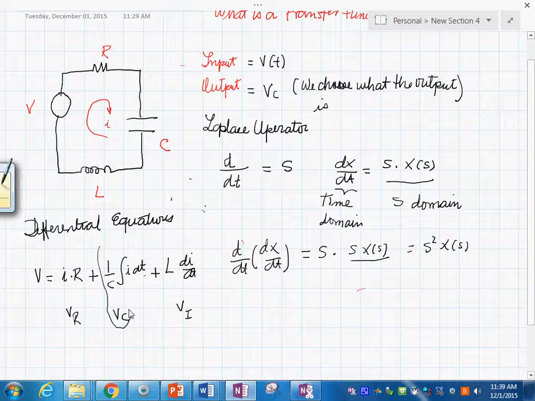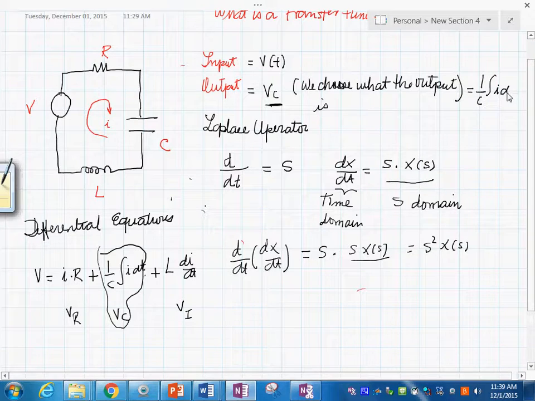Notice this equation here. This is the output, and we can write it down in here that this is 1 over C times the integral of I dt. If the derivative is measured this way, the integral, which is the opposite of this, the integral dt, is equal to 1 over s.